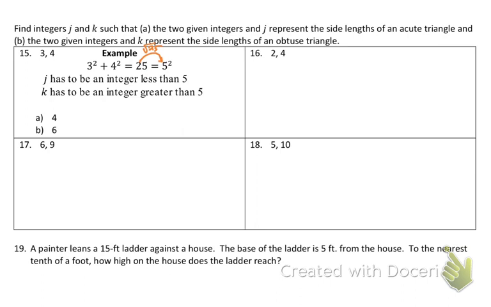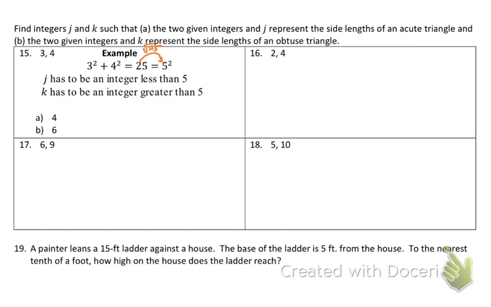So if it was 5, it'd be a right triangle. In order for it to be obtuse, it has to be slightly bigger than 5. I picked 6 to be obtuse. To be acute, it has to be smaller than 5, so I picked 4. So I picked 4 and 6. 4 is too small, 6 is too big to be a right triangle.